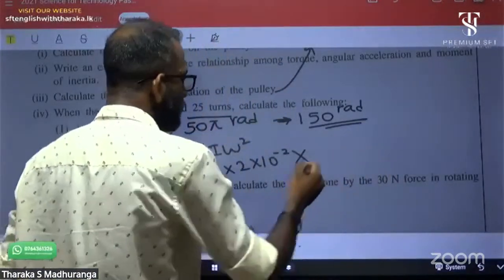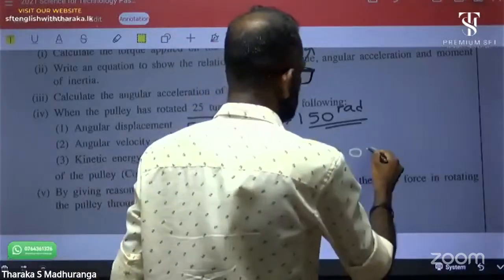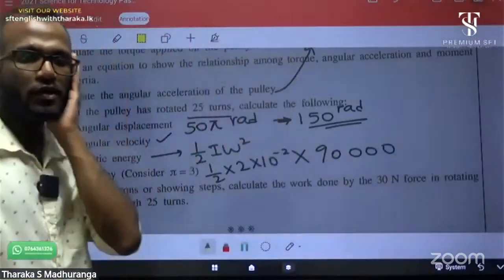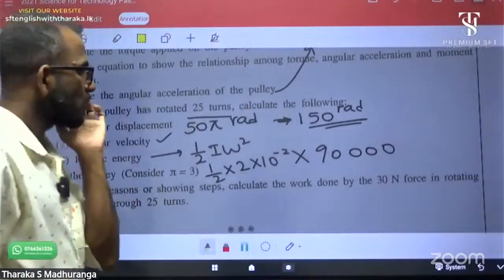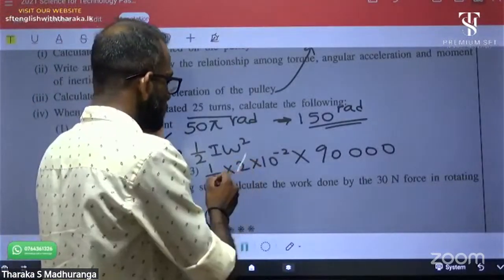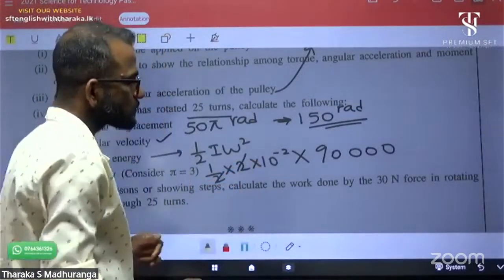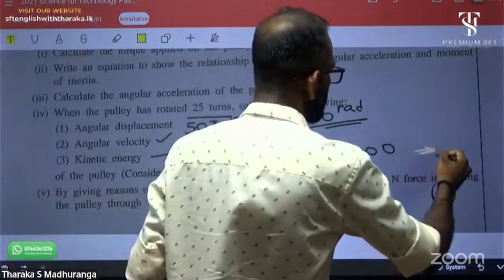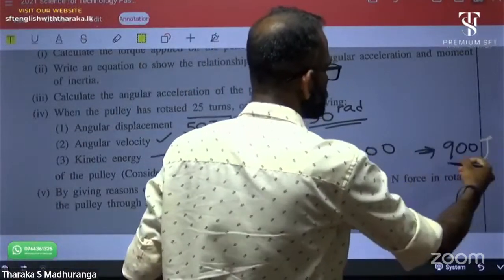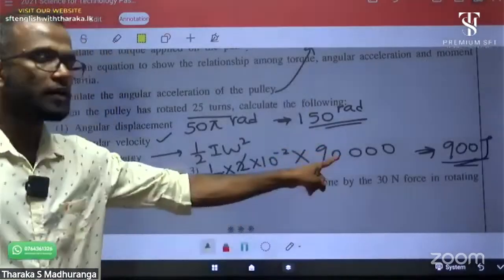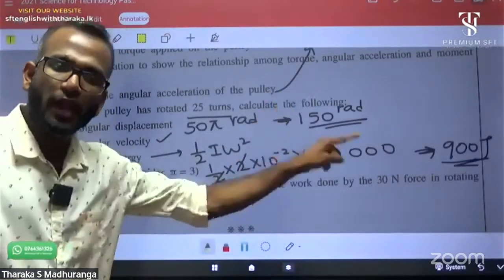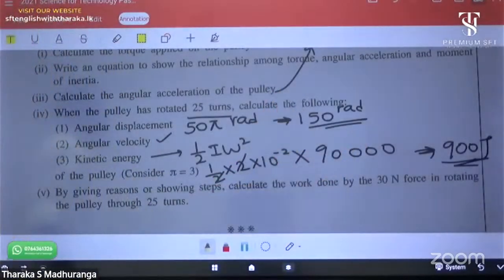Omega squared is 90,000, 300 squared. Then the 2 and 2 cancel out. 90,000 into 10 to the power minus 2 is 900 joules.